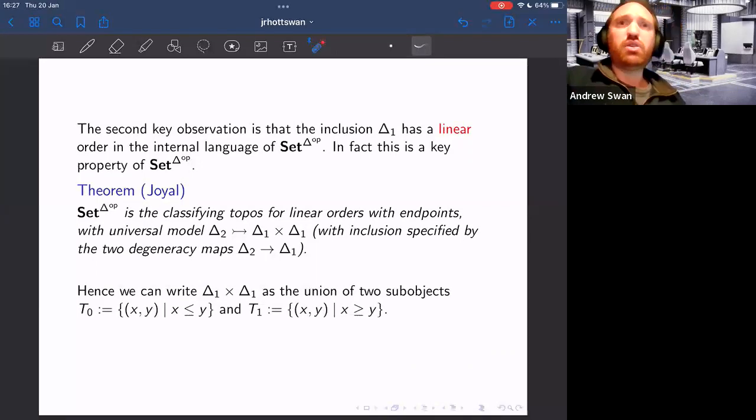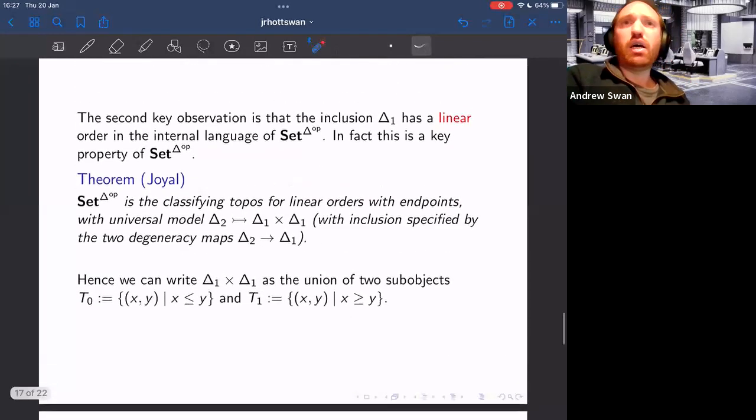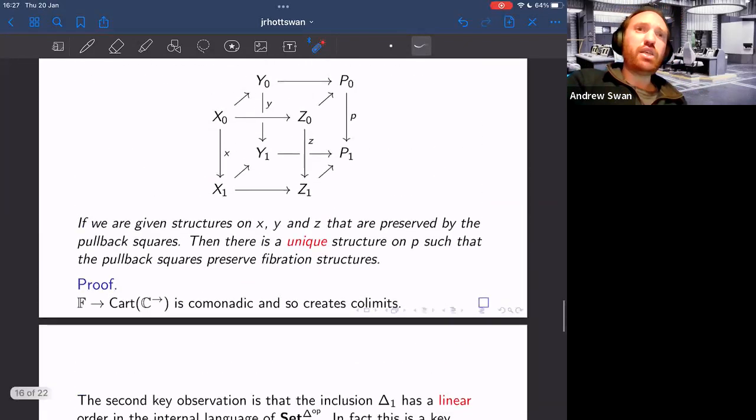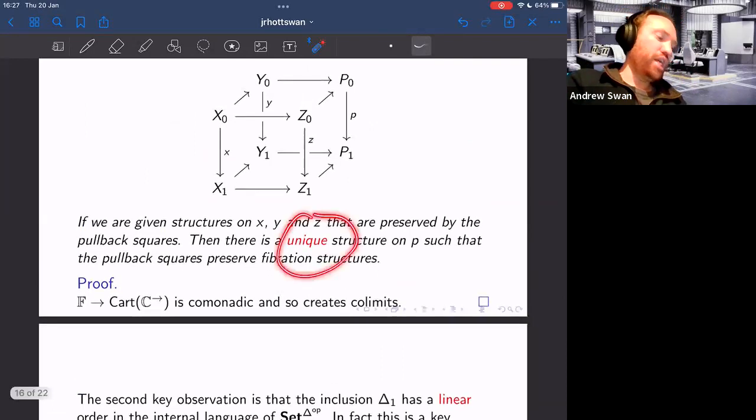In fact, this is a characterization of simplicial sets, the classifying topos for intervals with linear ordering. This can be used to construct a counterexample in the internal language of simplicial sets.